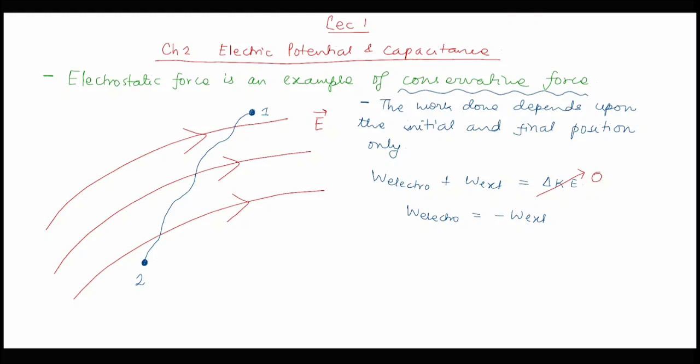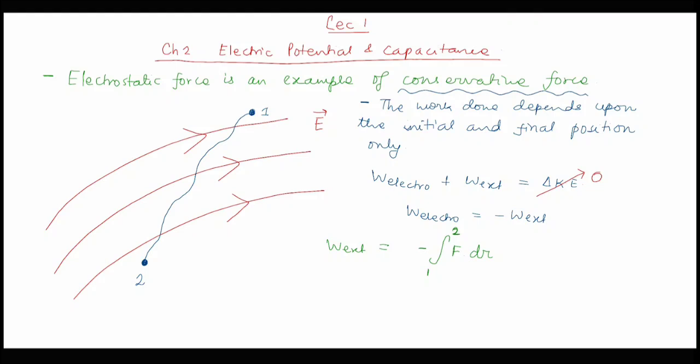Using this we can say that the work done by the external force is equal to the negative of the electrostatic force into displacement, that is dr, from position 1 to position 2.